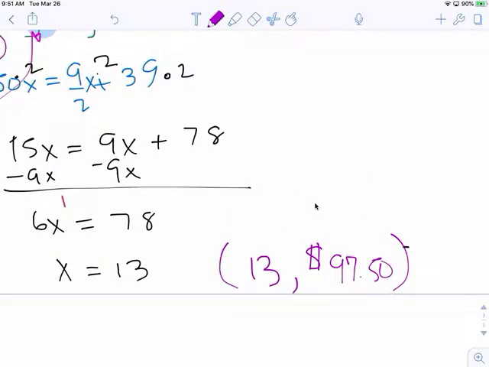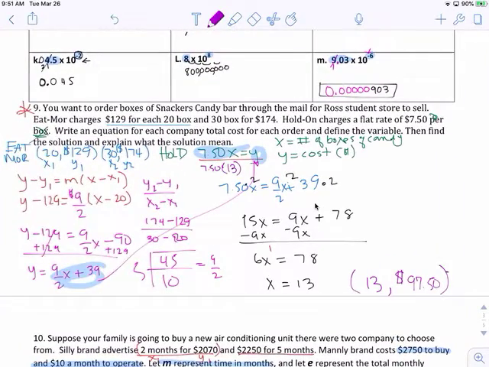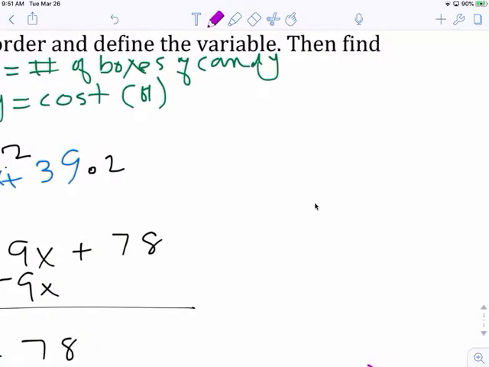Okay. For 13 boxes, both places, Eat More and the other company, will charge $97.50 for 13 boxes of candy.